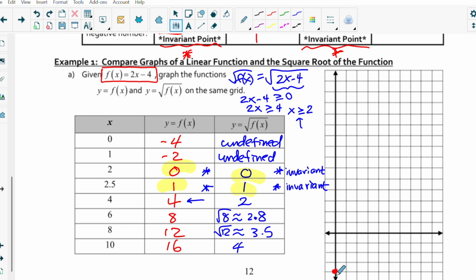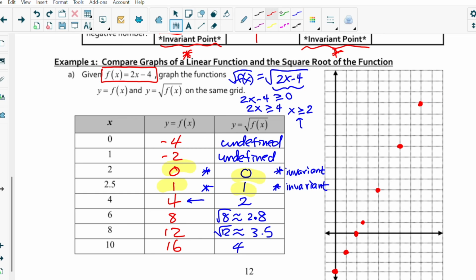So the points are (2, 0), (2.5, 1), that's my invariant point, (4, 4), (6, 8), and (8, 12).